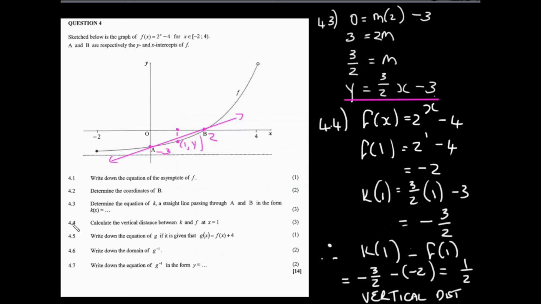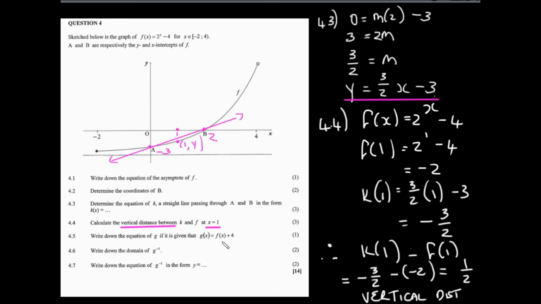Right. Let's look at the next question, 4.4. They ask us to work out the vertical distance between k and f at x is equal to 1. So what's important here are the words vertical distance, and you are looking at x is equal to 1.